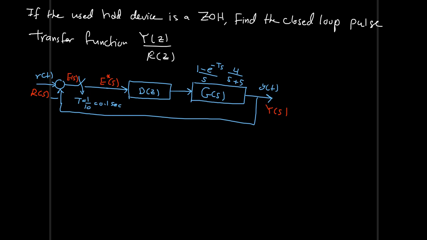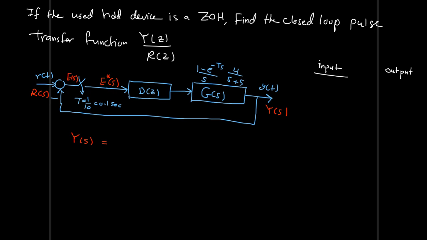So first let's find the closed loop pulse transfer function in terms of the D G. So the first thing I will write the output, which is Y of s, in terms of the inputs. Now here we have input, output.